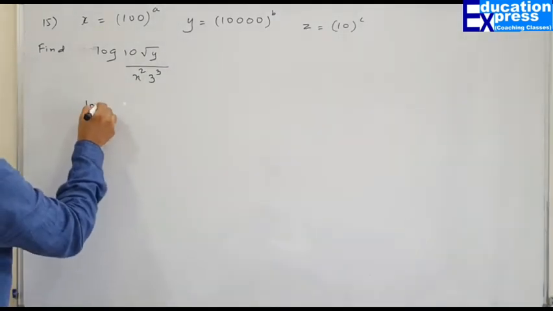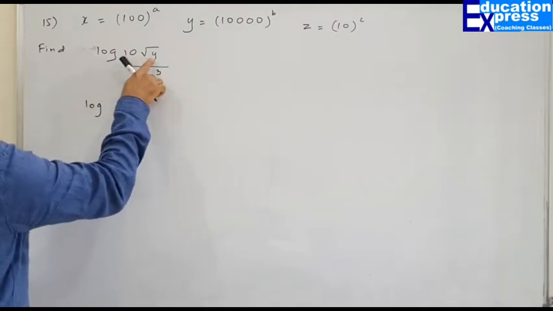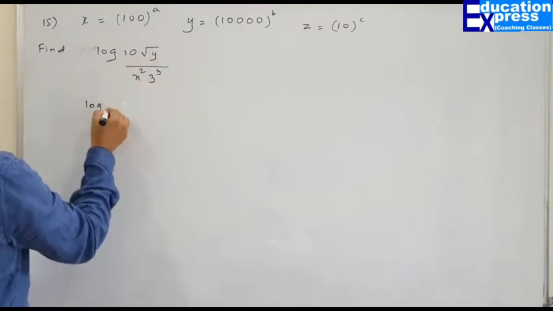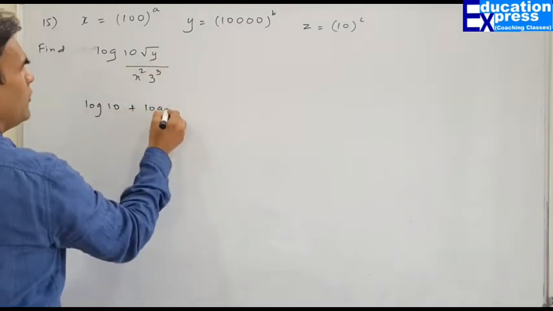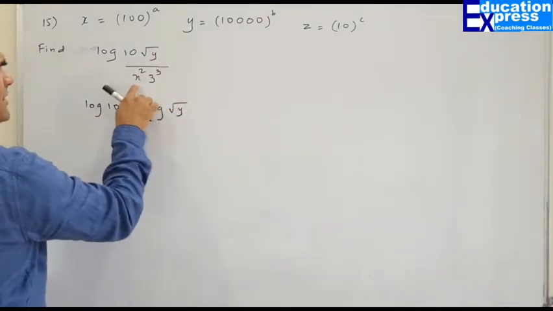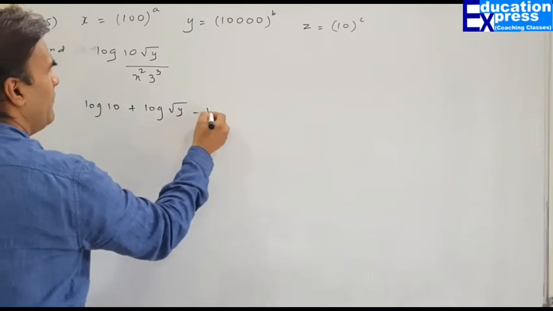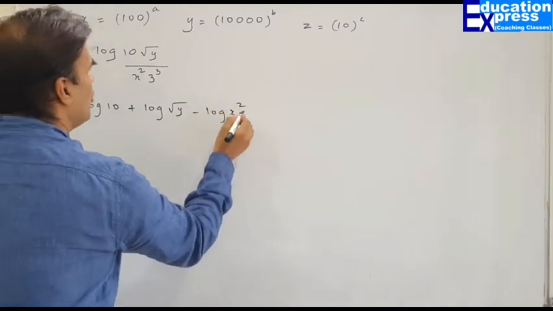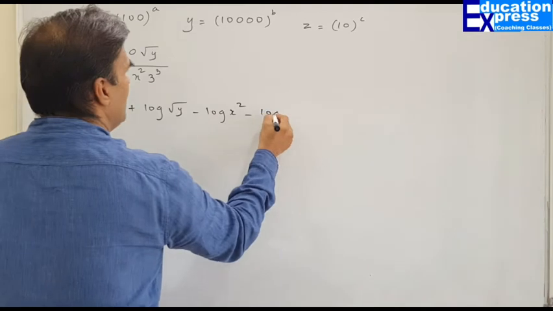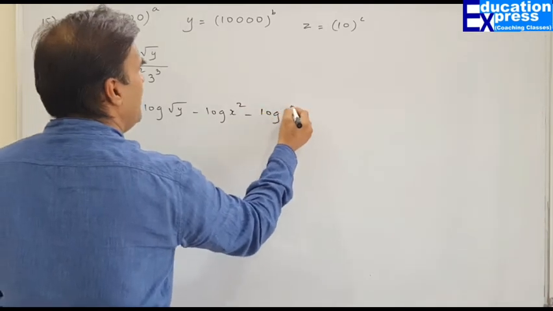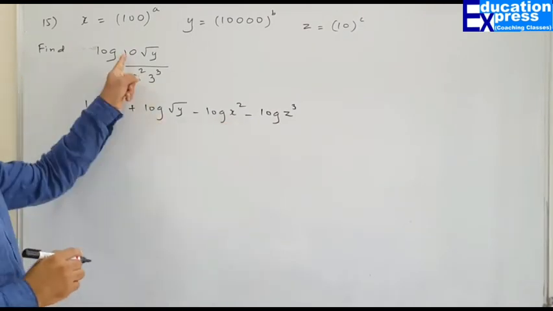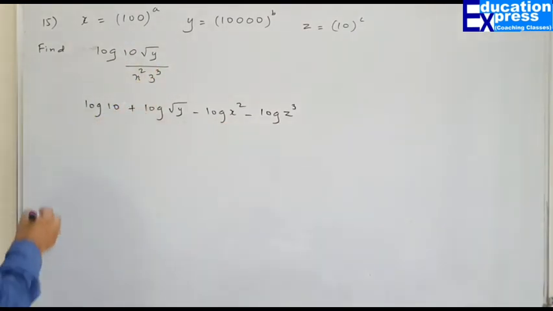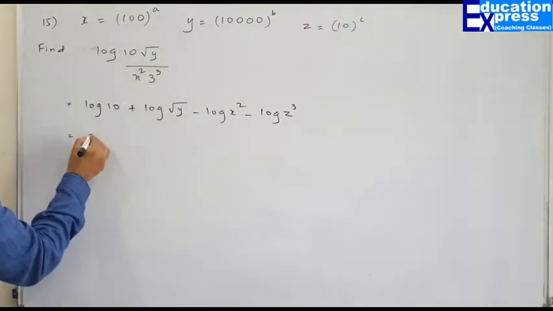So that means log of 10 and root y. We know log of 10 can be written as this way, plus log of square root of y. Because it is in the denominator, it would be subtracted. Log of x square minus log of z cube. Whatever is there in the denominator would be subtracted, whatever is there in the numerator would be added. Now sir, what do we do?